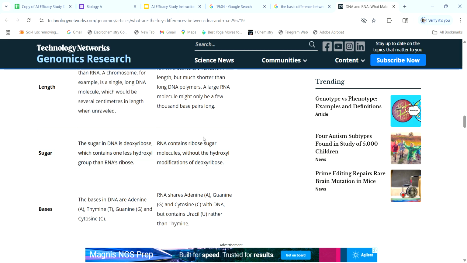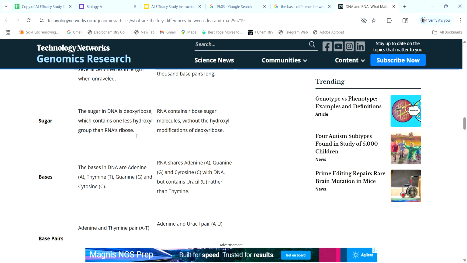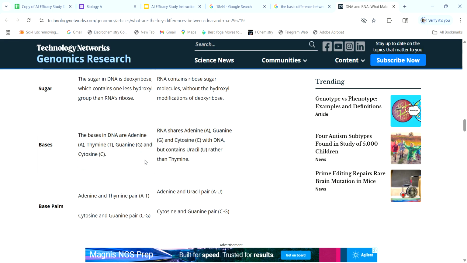And the sugar in DNA is deoxyribose, which contains one less hydroxyl group than RNA's ribose. RNA contains ribose sugar molecules without the hydroxyl modifications of deoxyribose. The bases in DNA are adenine, thymine, guanine, and cytosine.